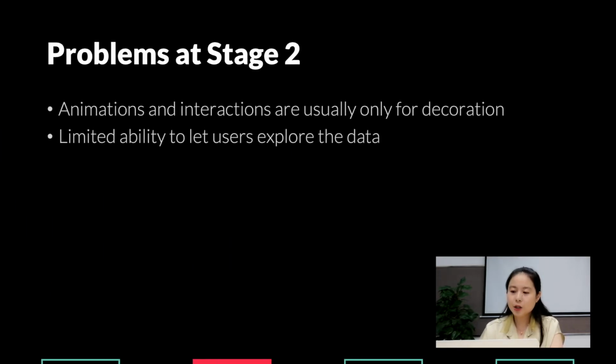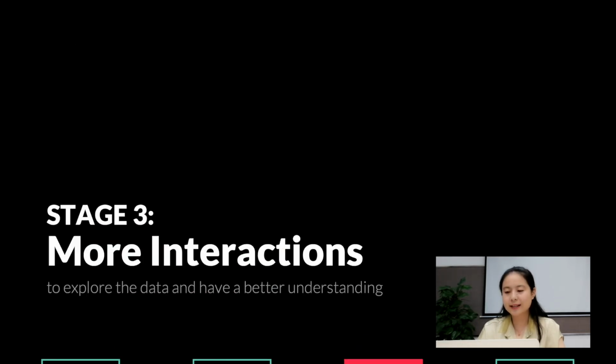Since the animations and interactions were mostly for decoration, the ability to let users explore the data was still limited in stage 2. And that is why we introduced more interactions at stage 3 to help users explore the data and better understand it.